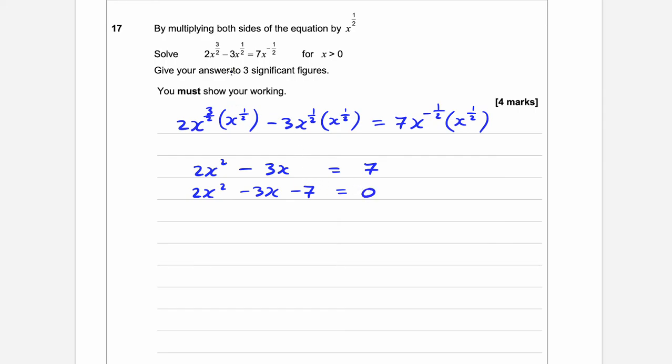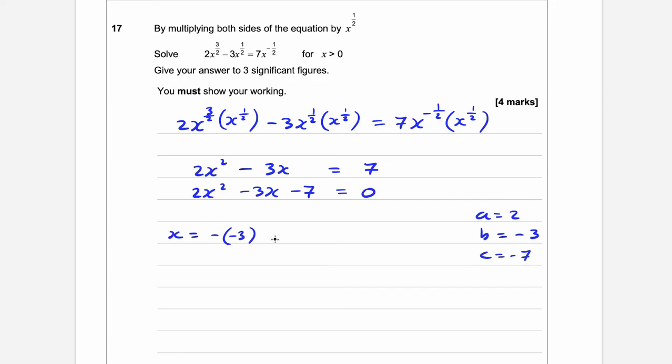And because he said 3 significant figures, guys, I'm guessing we need the quadratic formula, and he says show your working. So let's do x equals, a is 2, b is minus 3, c is minus 7. x equals minus b. Sorry, let me just fix this, guys. b equals minus 3.